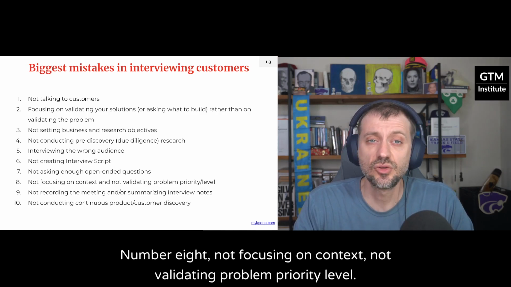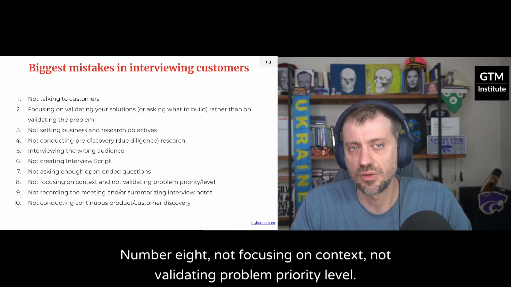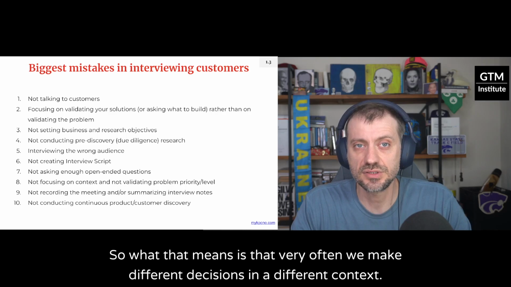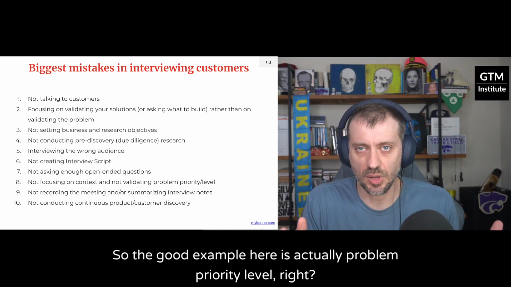Number 8, not focusing on context, not validating problem priority level. Very often we make different decisions in a different context. A good example here is problem priority level.